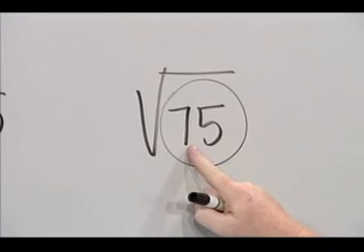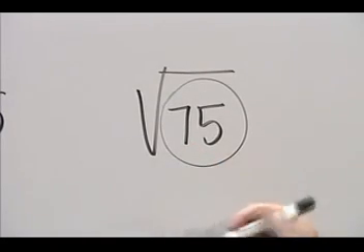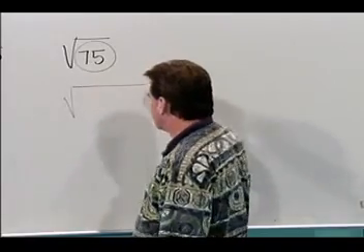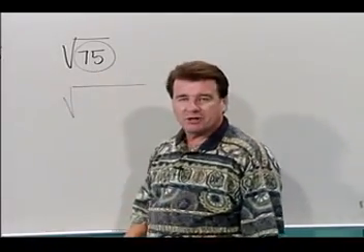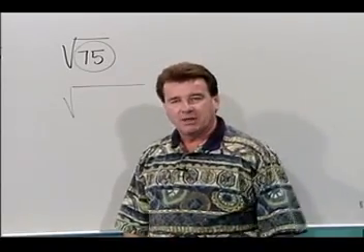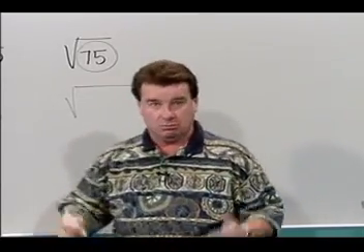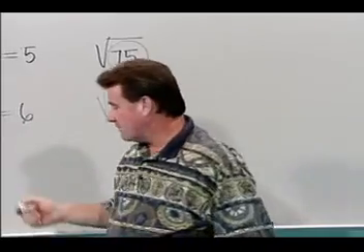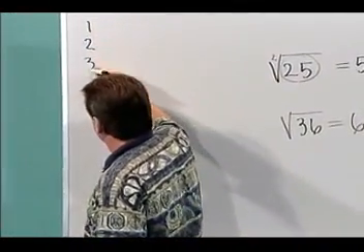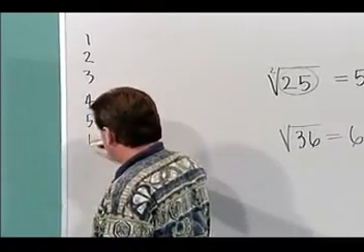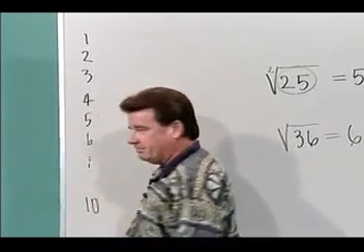And the way we're going to do this is we're going to rewrite this number as a product. In other words, we're going to rewrite it as a multiplication problem of a perfect square and some other number. So what we have to do is find a perfect square that's a factor of 75. Now the first thing that enters your mind is, what is a perfect square? So let me write some numbers down. Let's just write 1, 2, 3, 4, 5, 6, and go down to 10.